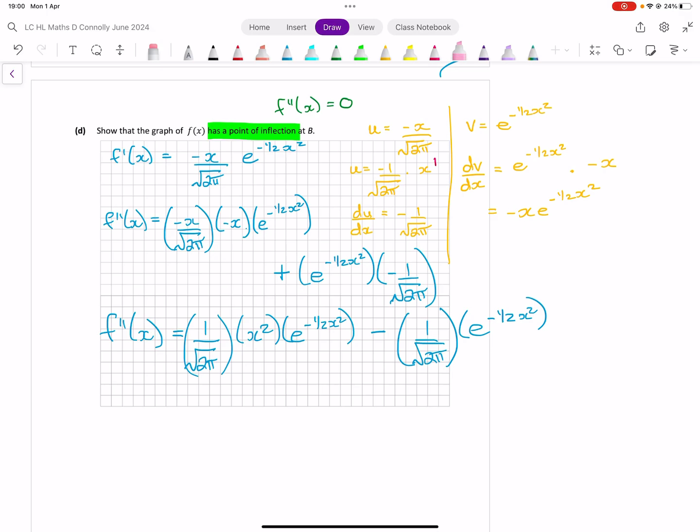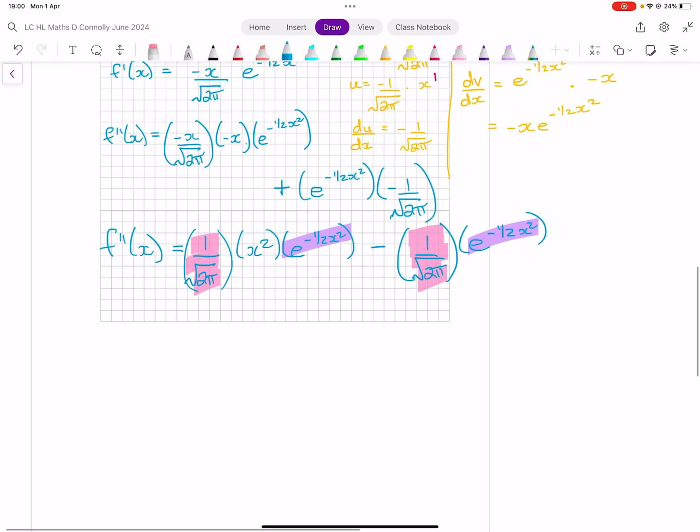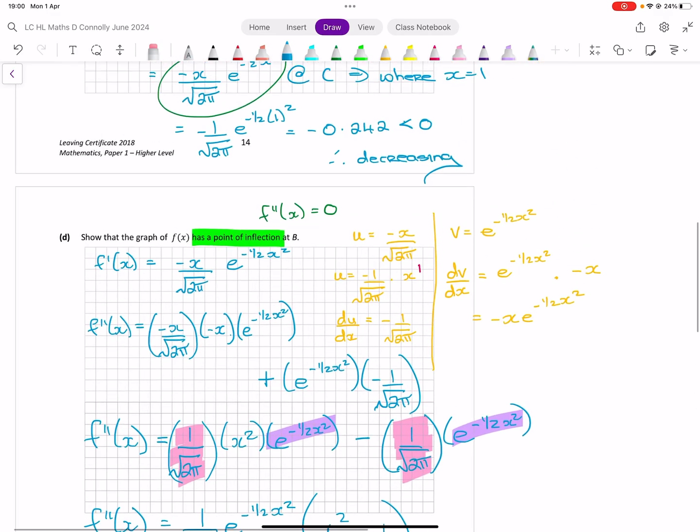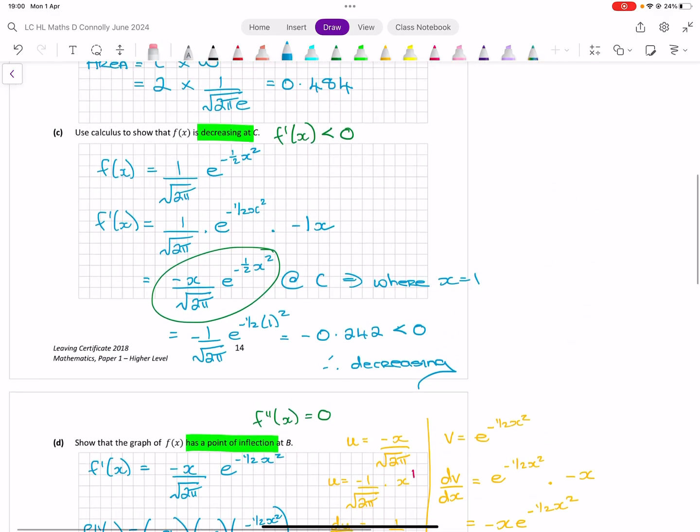Now this is common and this is common, so I can take them out as a highest common factor. So 1 over the square root of 2 pi e to the minus a half x squared times x squared minus 1. And it says to show that the graph has a point of inflection at B.